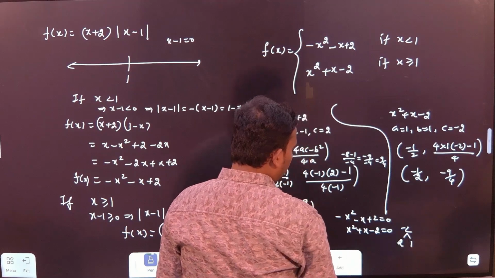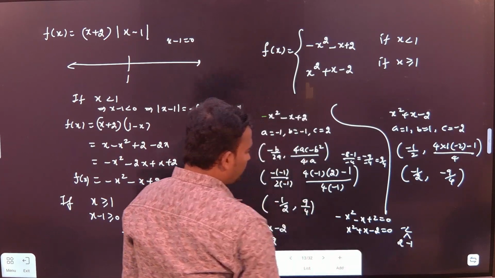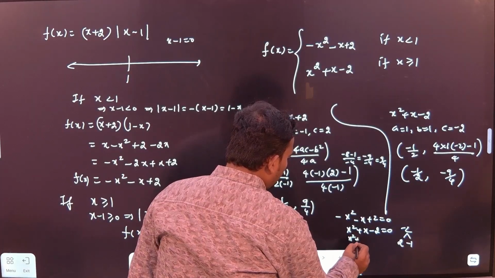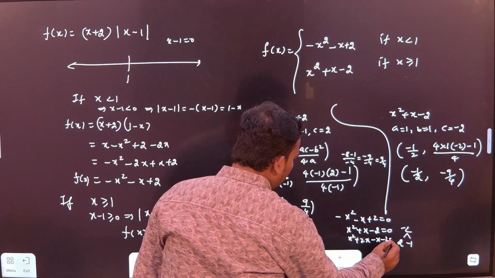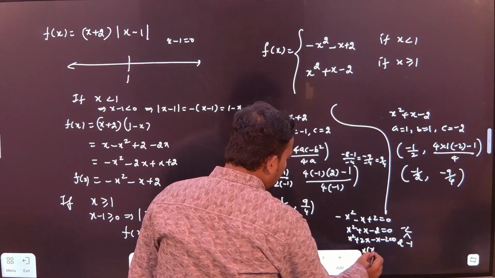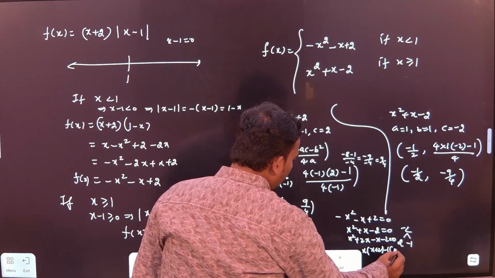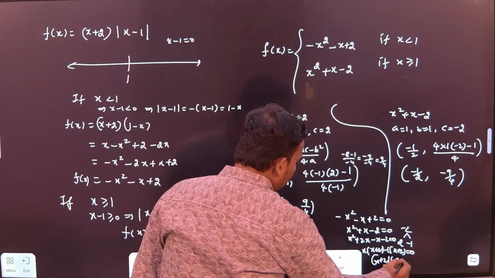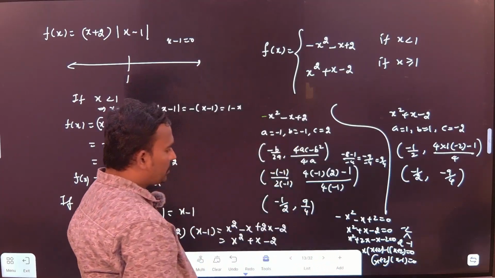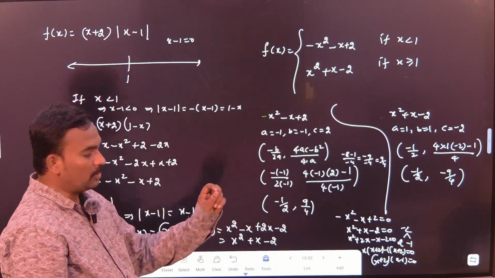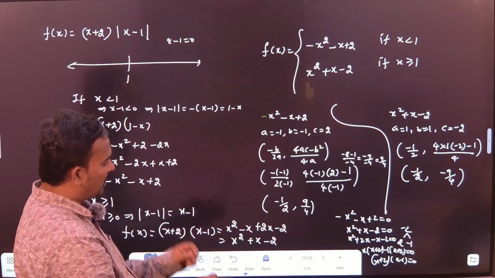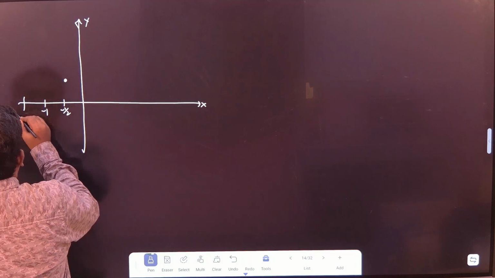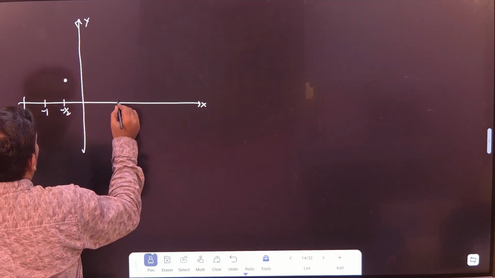So 2 into 1 is 2, 2 minus 1 is minus 2... 2 minus 1 is 1, right? So that means x square plus 2x minus x minus 2 equal to 0. Taking x common, x plus 2, minus 1 common, x plus 2 equal to 0. Then x plus 2 into x minus 1 equal to 0, right? So that means the roots of the polynomial are minus 2 and plus 1.